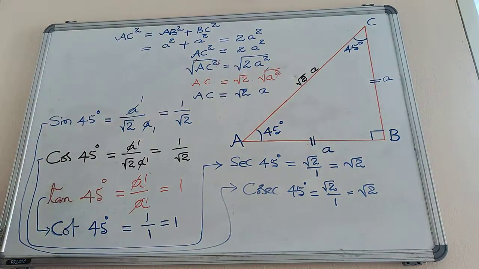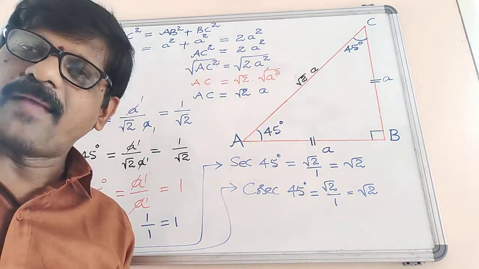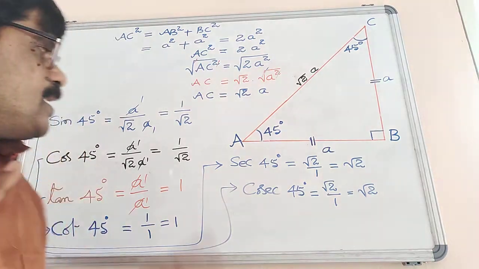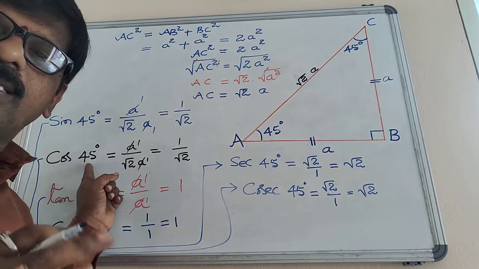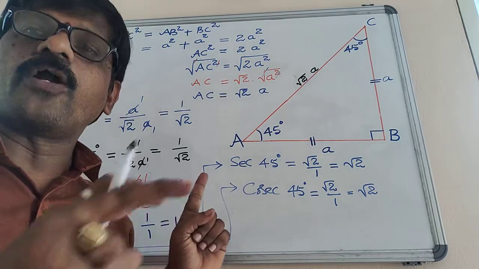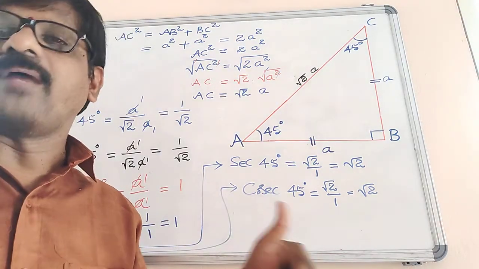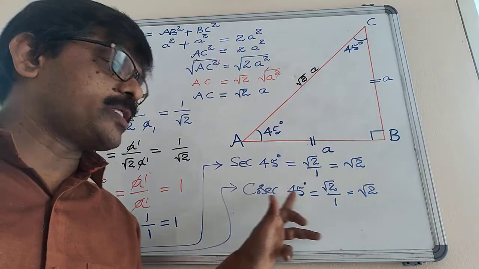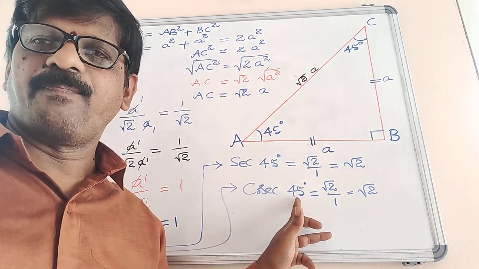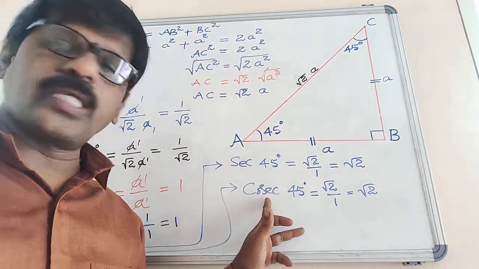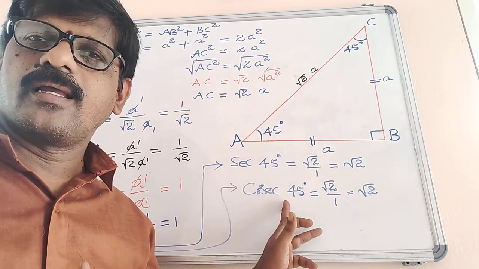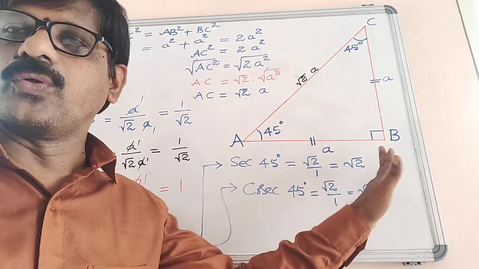The next one, observe that tan 45 and cot 45 are the same at 45 degrees. Sin 45 and cos 45 are the same at 45 degrees, the value is 1 by root 2. The next one, secant 45 and cosecant 45 are the same at 45 degrees. The value is root 2. Clear?